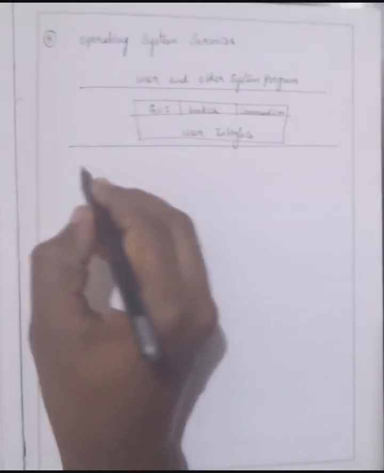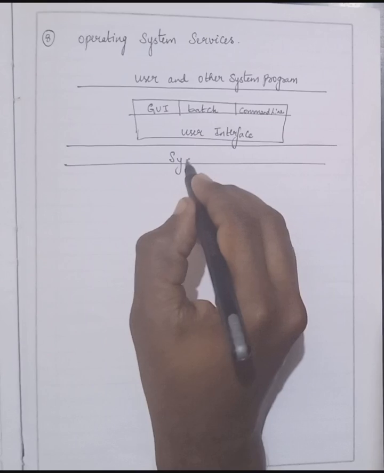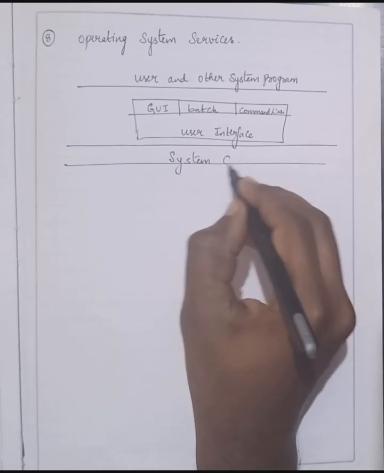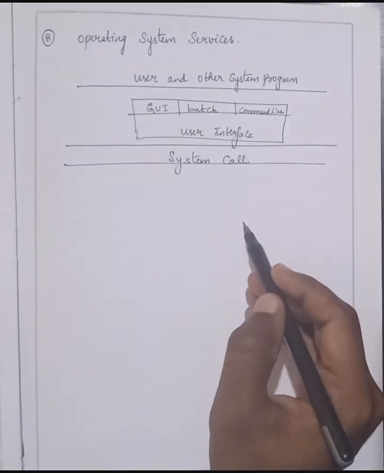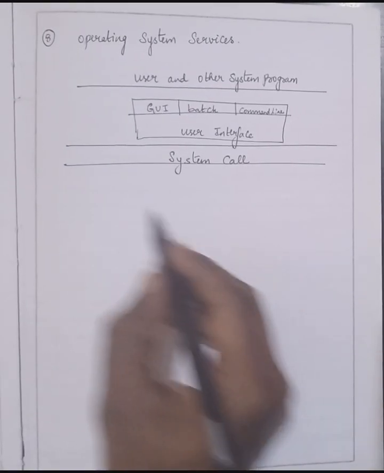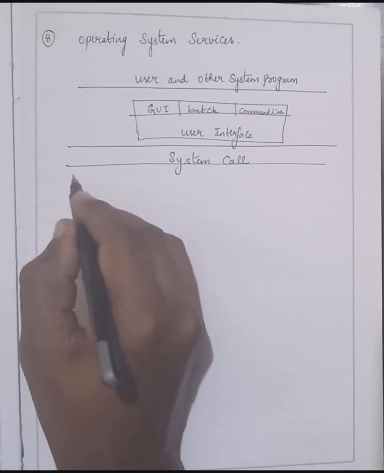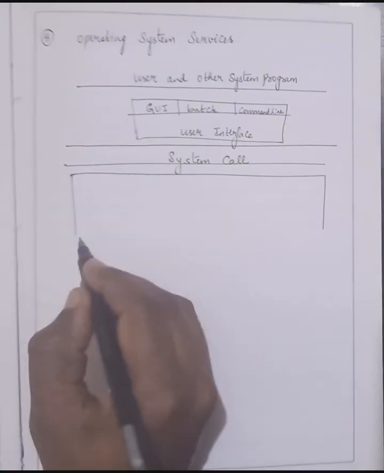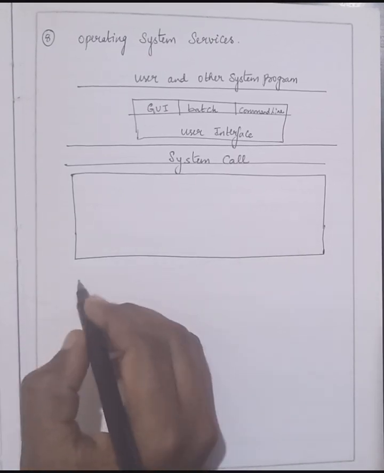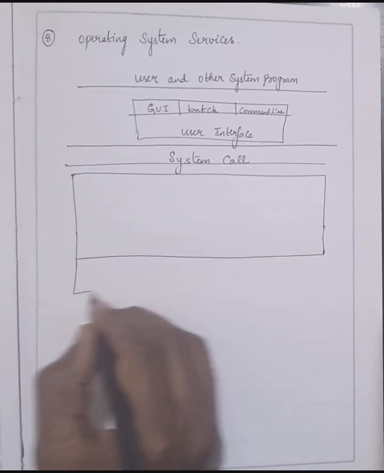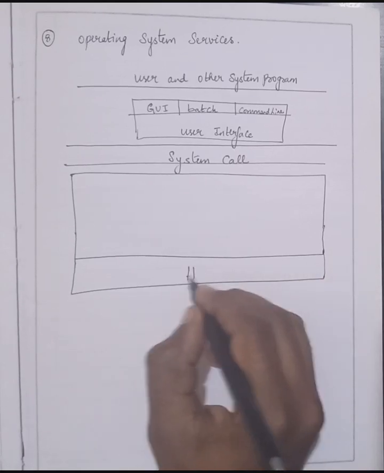Then comes the system call. In the middle part, we'll have a system call. The system call is the bridge between the functions executed in the user view and the kernel view. Then comes the operating system. Below that we'll have the hardware.